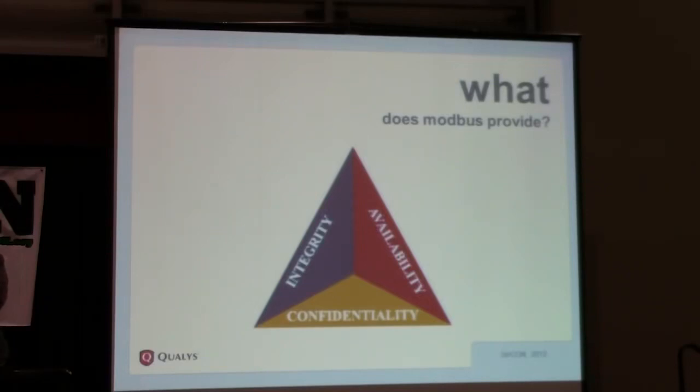So we looked at DNP3. How many of you have heard of DNP3? Oh, cool. A lot of people. So DNP3 was developed almost from the ground up for the electrical grid system in the United States. It is a lot more advanced than Modbus.